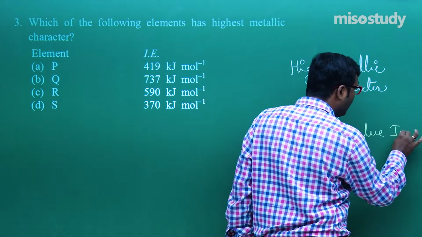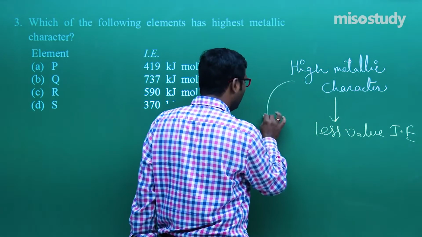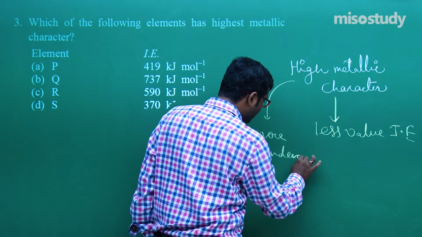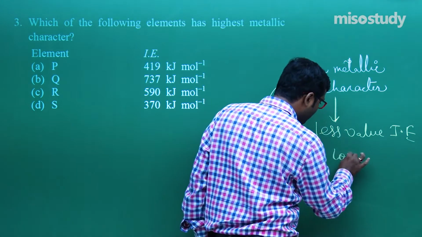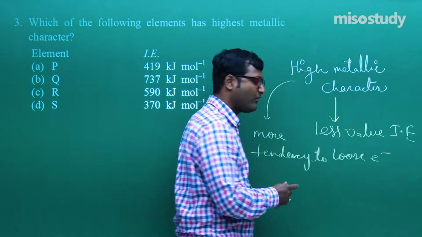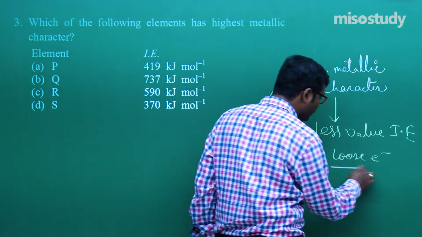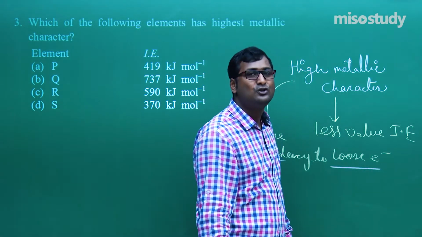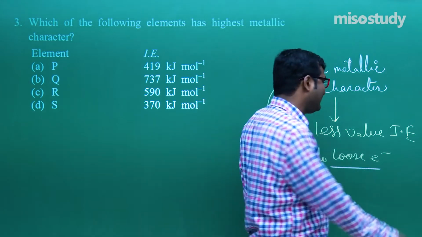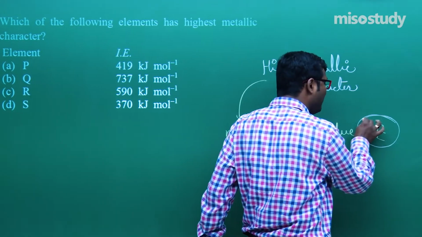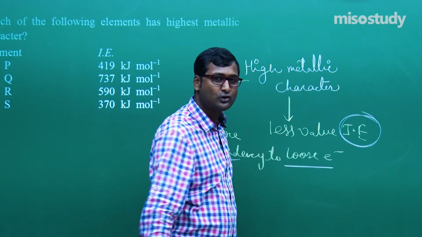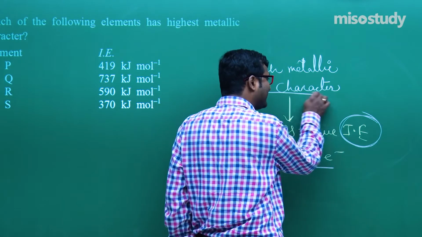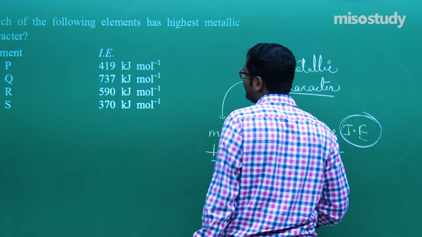That is the rule, because if metallic character is high, there is more tendency to lose electron. If there is more tendency to lose electron, then it will require less energy to remove the electron. And what is ionization energy? The minimum energy required to release the electron from the outermost shell of an atom. So if metallic character increases, ionization energy decreases.